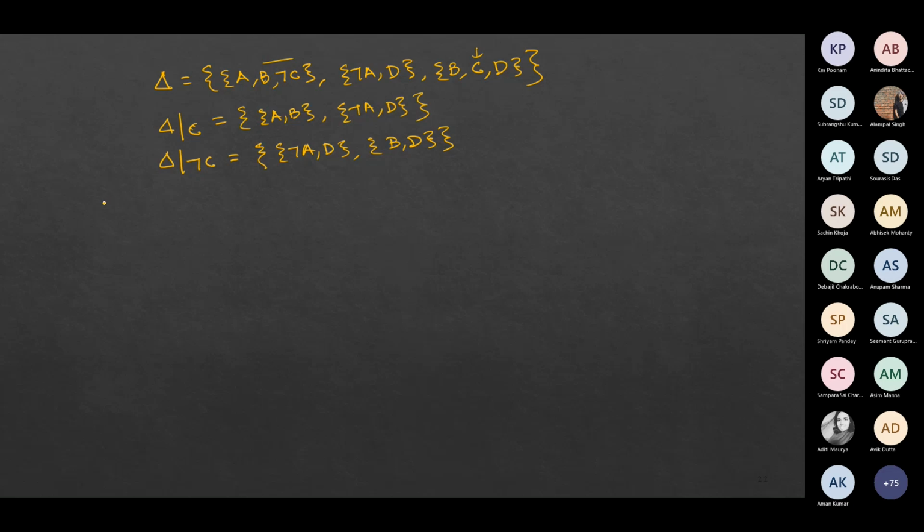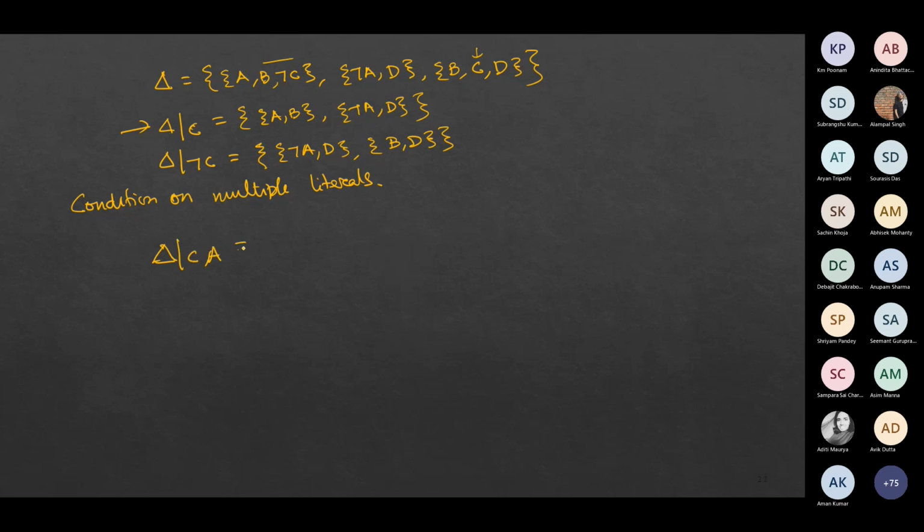Now we can do conditioning on multiple literals. Let's say we have conditioned this on C. Now we can condition the updated knowledge base on A also.